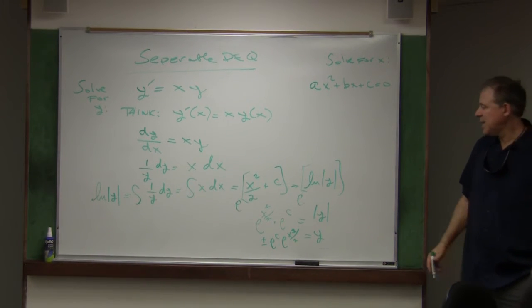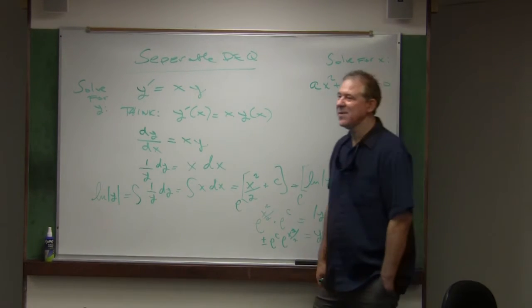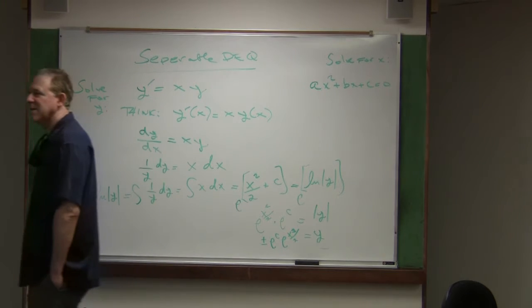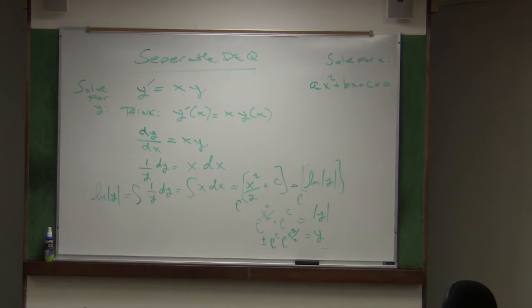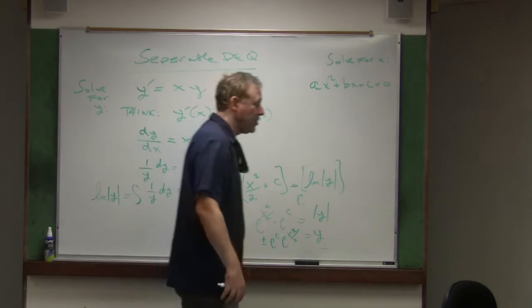Okay. And what is e to the c? It's just a different constant. I mean, e to the c is any positive real number, and then you have plus or minus, right? So you've got any non-zero real number.